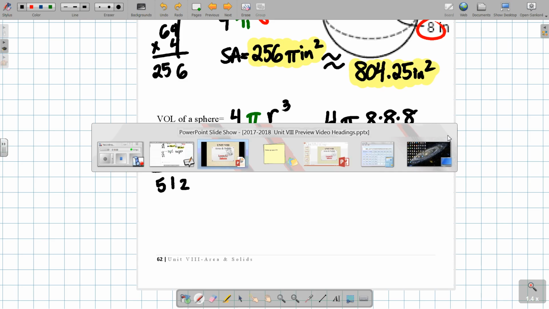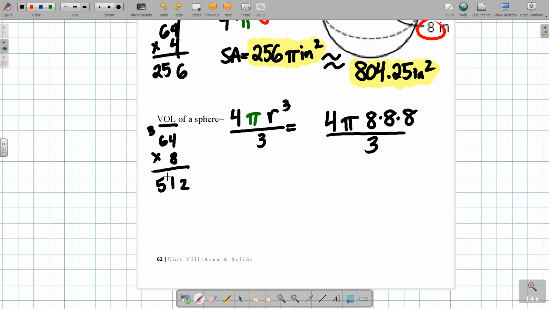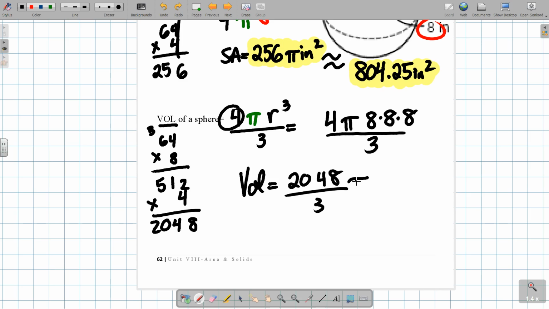For those of you who are freaking out, I didn't use a calculator. Let me just show you that's 8 cubed, 512, folks. And then we're going to times by that 4. Look, Mom, no calculator, because you're smart like that. And then that's not divisible by 3, so my volume in pi form is 2048 thirds pi inches cubed. And that is perfectly fine there.